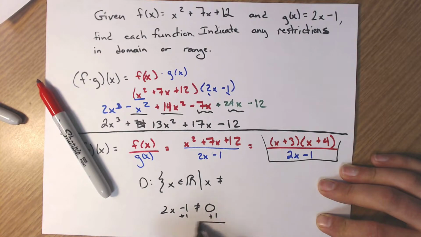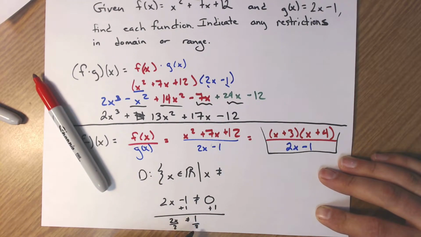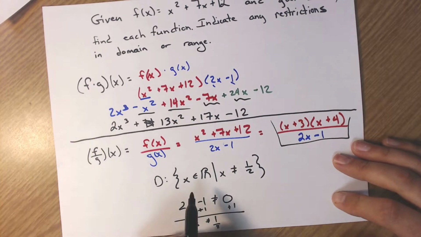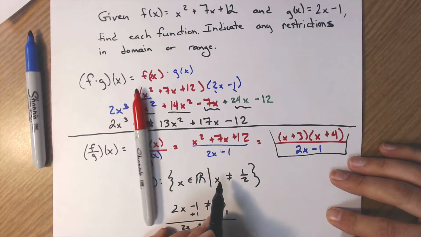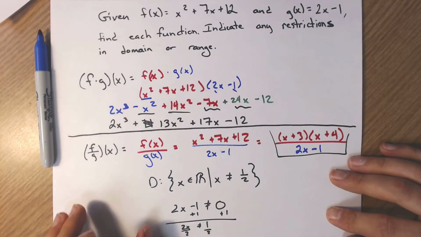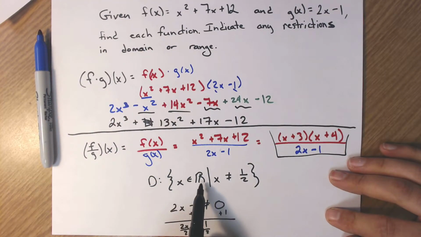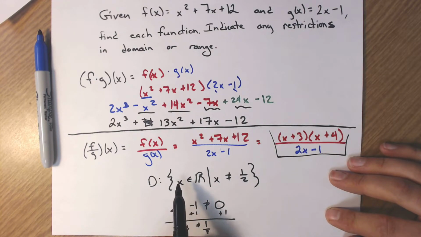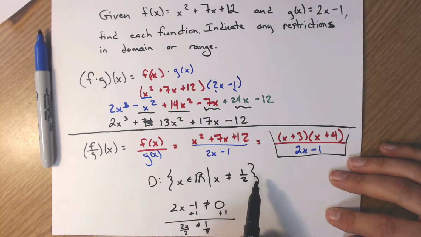Add 1 over. 2x cannot equal 1. Divide by 2. So x cannot equal 1/2. x can be all real numbers such that x can't be 1/2. x can be anything it wants except 1/2.